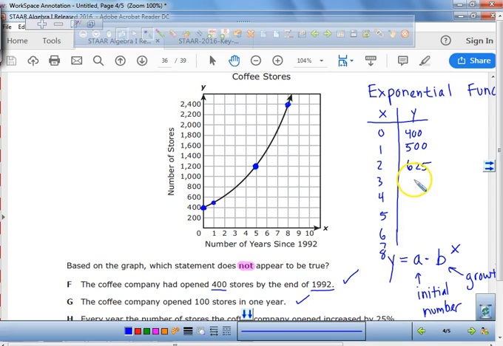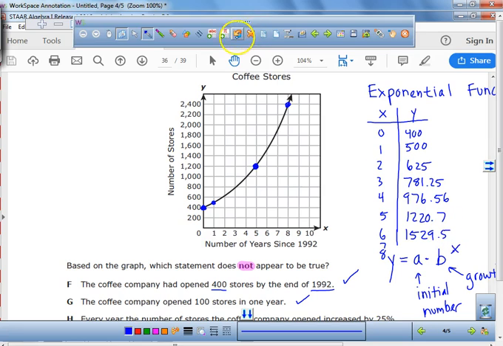Where's 3 going? 781.25. Next one, number 4: 976.56. 5 is 1228.7. And 6: 1525.9. 1529.9. Yes.